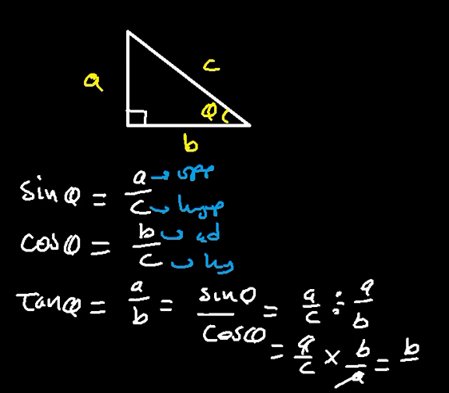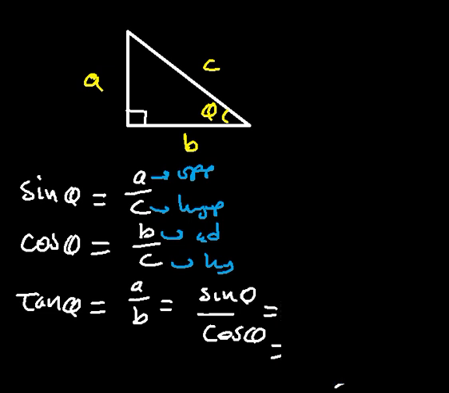Let me check that again. What I'm saying is that sin theta corresponds to the opposite over hypotenuse, that is given as A over C, of course.